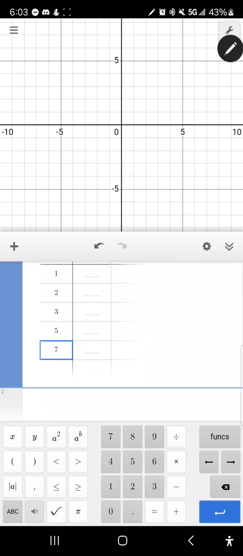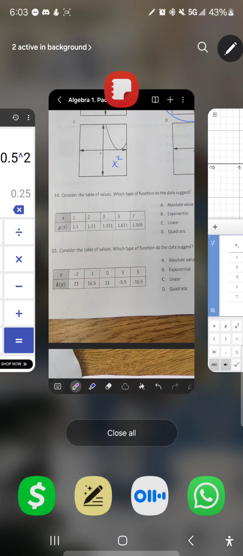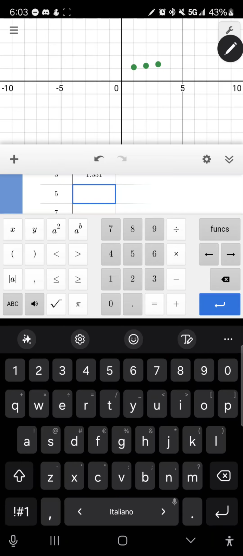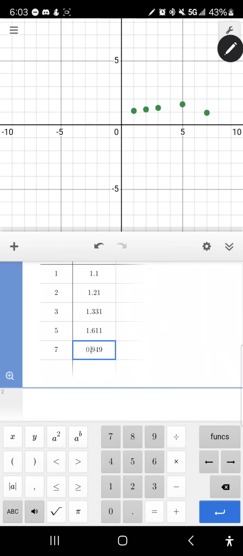And then the y values will be 1.1, 1.21, 1.331, 1.611, 1.949. Oops, it was 0 instead of 1.